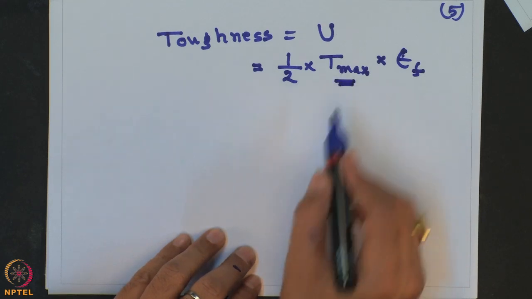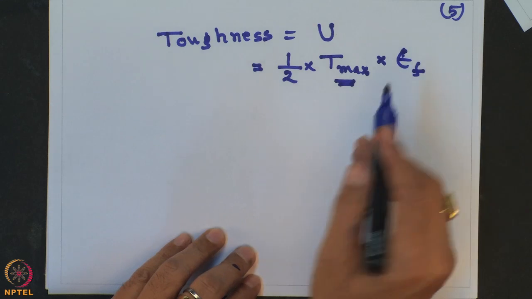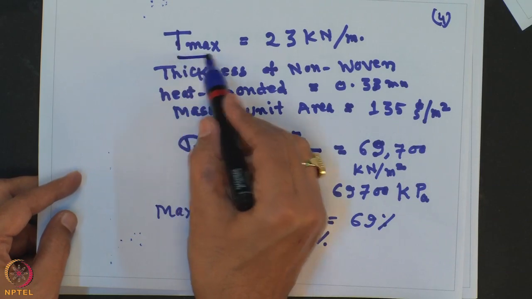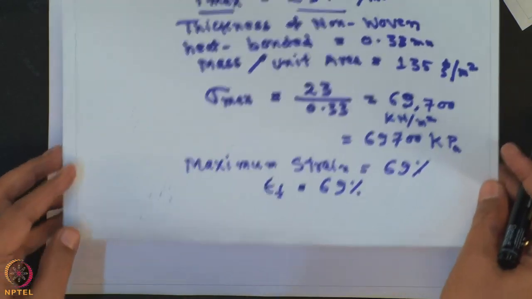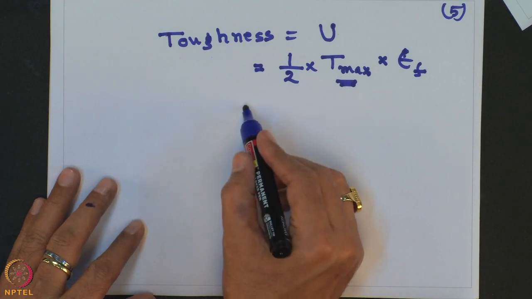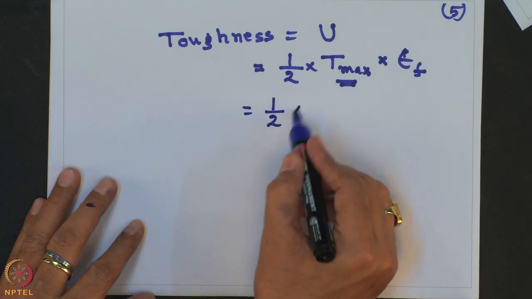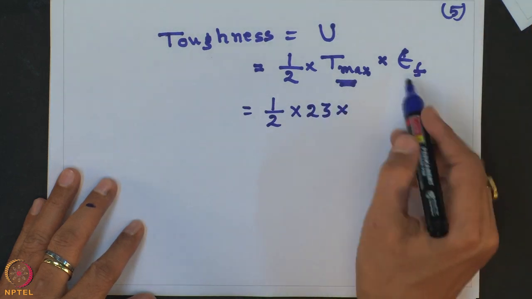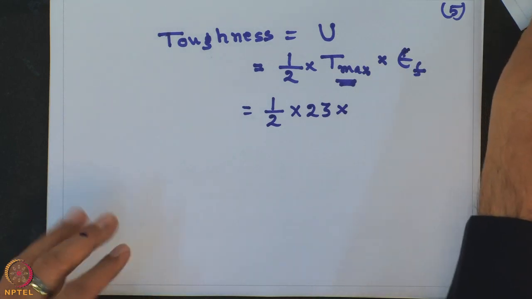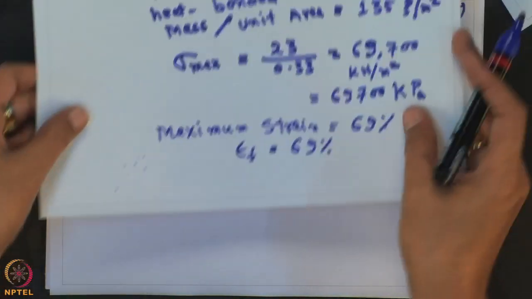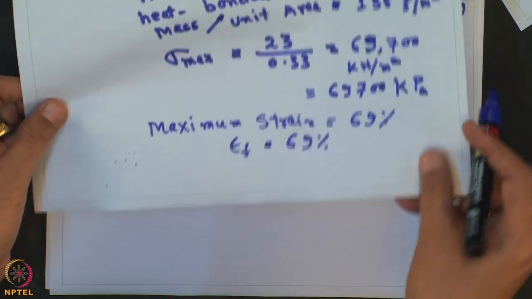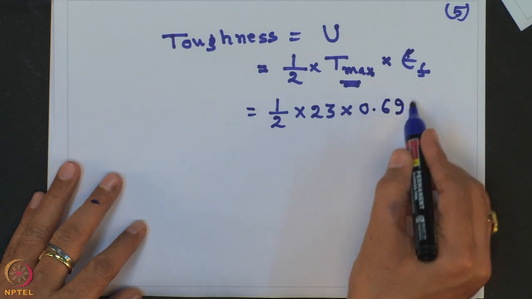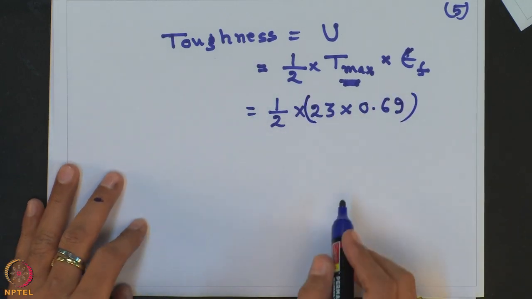Earlier we determined T max, which is 23 kilonewton per meter, and the maximum strain epsilon f is 69 percent. So, half into 23 into 69 percent.